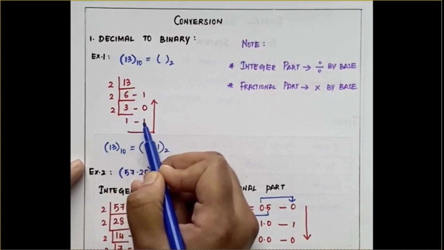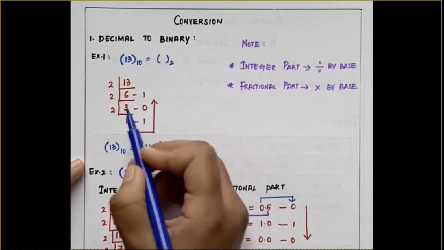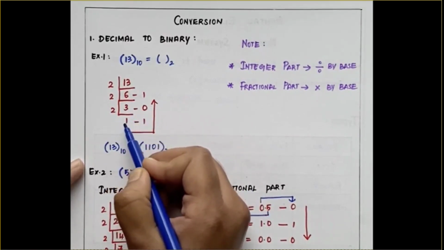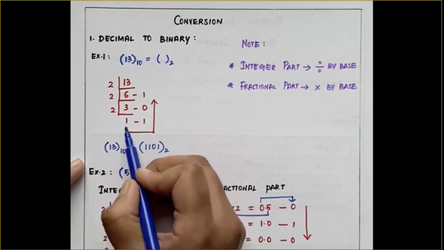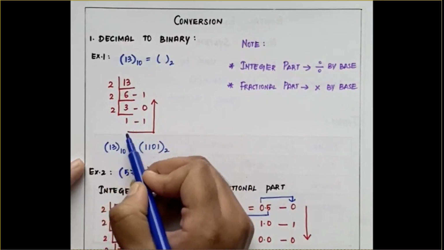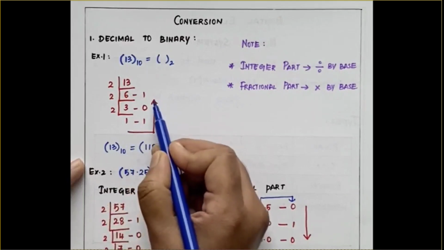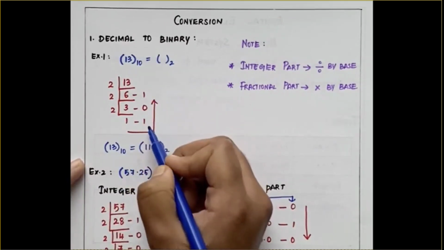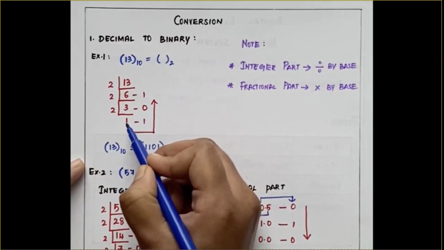Once after dividing, we have to check if the last digit is less than 2. 1 is less than 2, so we have to stop the dividing process. Now once this is complete, we have to draw an arrow mark starting from the last value, which is 1, and move it upwards like an inverted L. This structure of L will give you the equivalent representation for the given value.